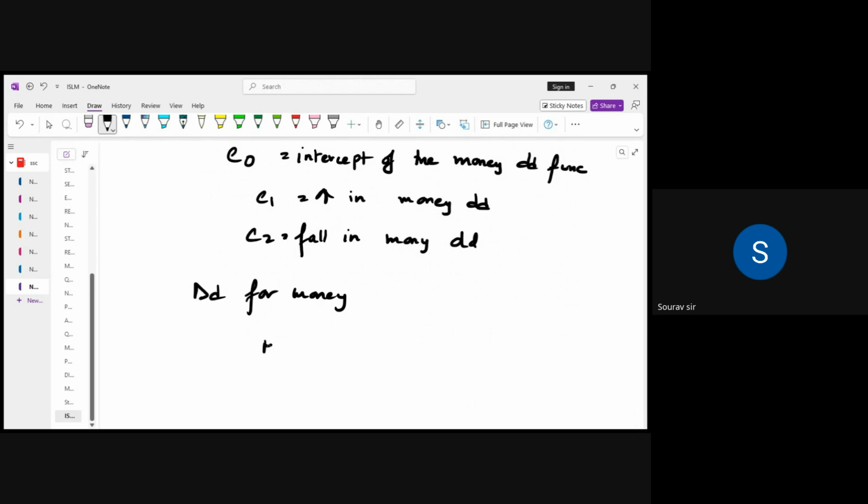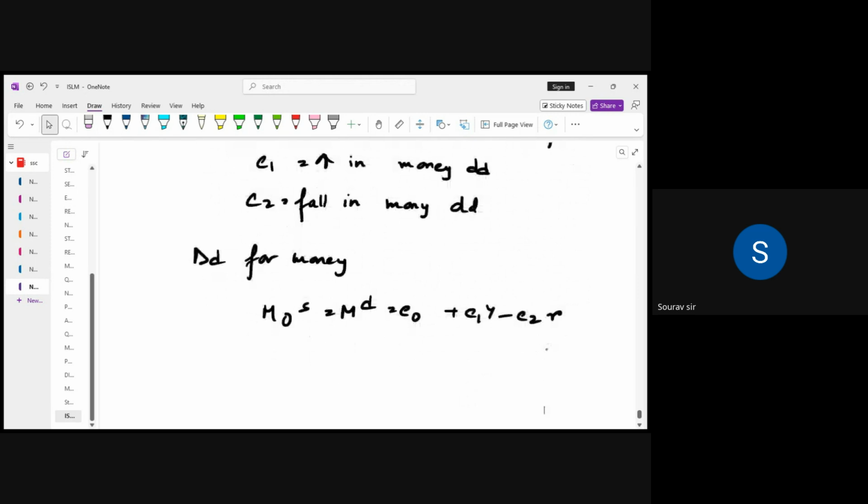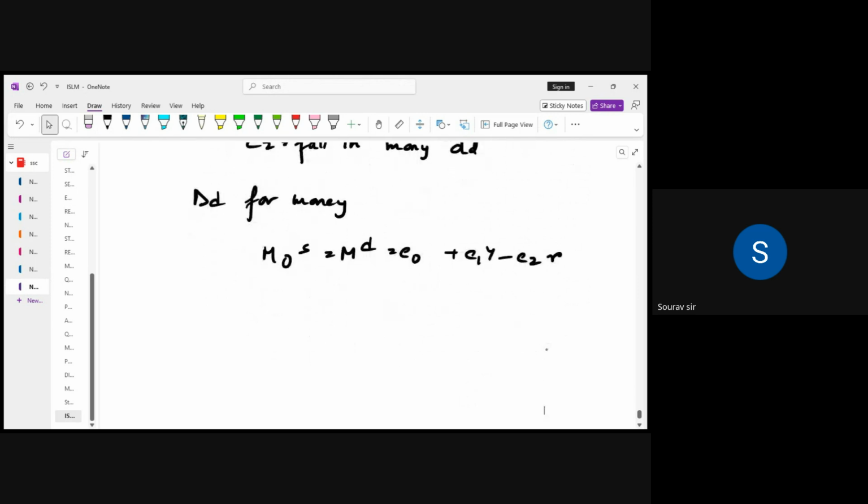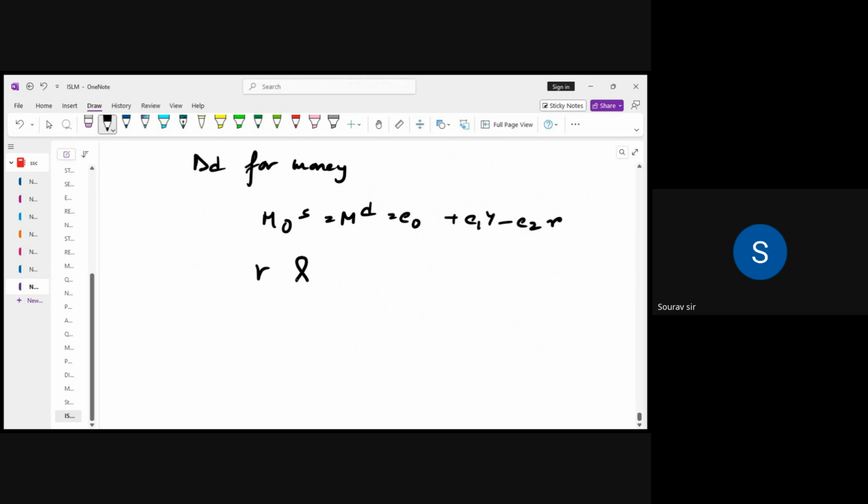That is, money demand is equal to money supply: C naught plus C1Y minus C2R. Now, in order to derive the LM curve, which shows money market equilibrium, we have to find the combinations of R and Y that equate money demand with a fixed money supply. So the LM curve is a locus of points showing all the combinations of R and Y.